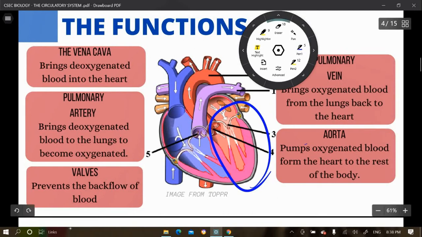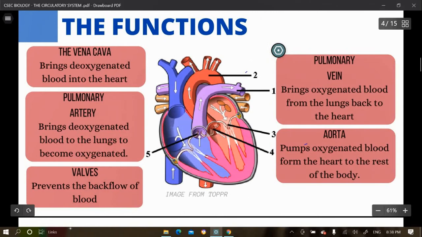Now, because of the high pressure, and the far distance at which blood will have to be pumped to the rest of the body, because remember, the heart is located in the center of the thoracic cavity, so the center of your chest. Some people say it's located under your left breast. That's a myth. Your heart is in the center of your chest.